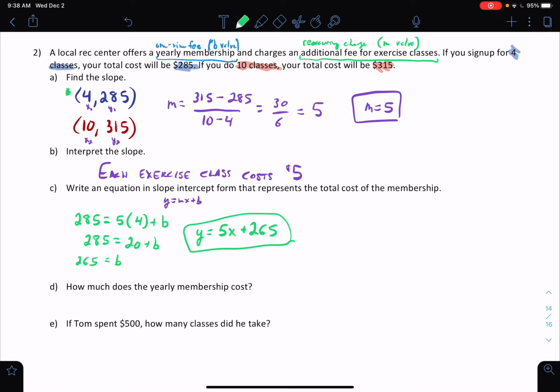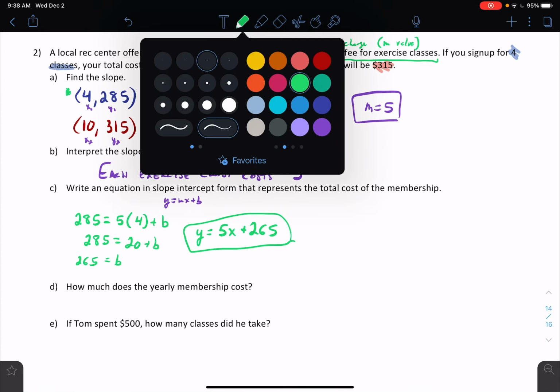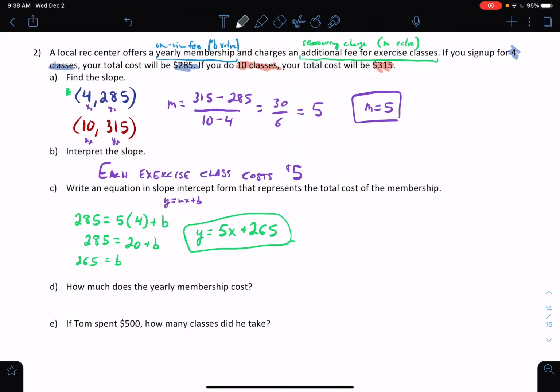If you wanted to write it in different variables, maybe that represented this situation better, we could do the total cost is $5 per class. Oh, can't use 2 C's. Per exercise class plus 265, where C represents the total cost and E represents the number of exercise classes.